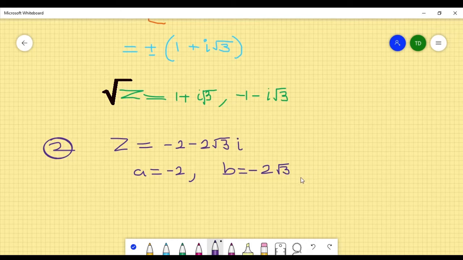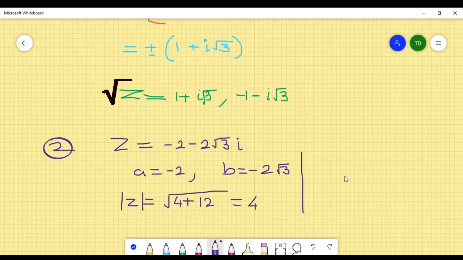And mod z will be the root of minus 2 square, which is plus 4, and minus 2 root 3 squared, which is plus 12. So ultimately we are getting the square root of 16, which is 4. Mod z is 4.